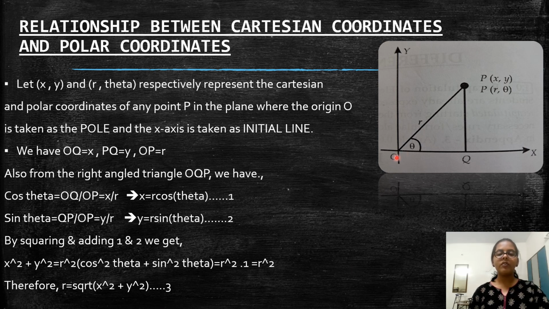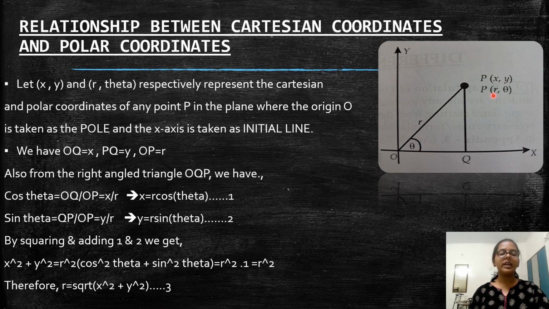So here we have OQ equal to x, QP equal to y, and OP equal to r. Also from the right angle triangle OQP, we have cos theta equal to base by hypotenuse, that is OQ by OP, which is x by r.